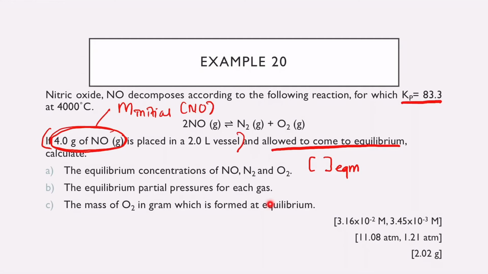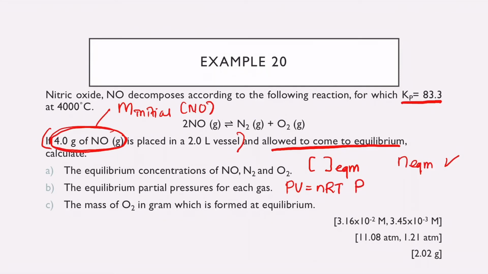So after finding the moles at equilibrium of your gases, you can use PV equals nRT to find the partial pressure of each gas. So maksudnya you're going to rearrange your formula into P. So ini yang equilibrium ya.